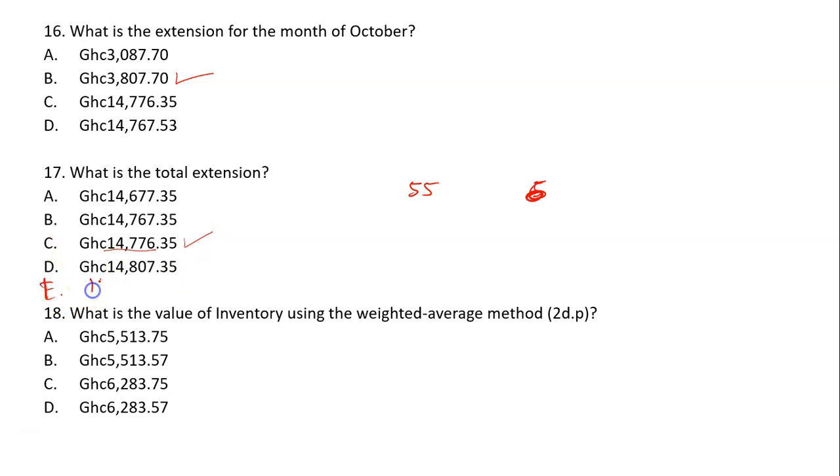Okay, that the answer is 14,776.55. So, I'm choosing E because the question is an open question. If it was closed, I would have selected this. But the question is open.